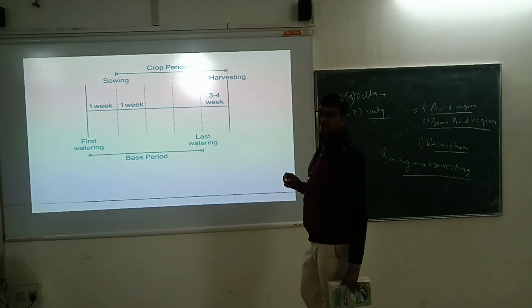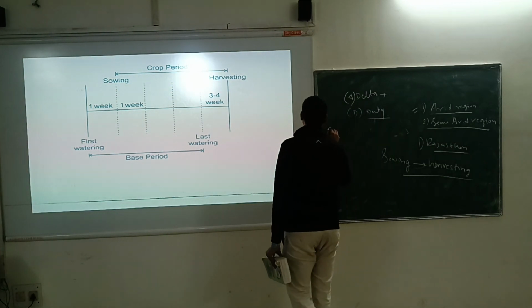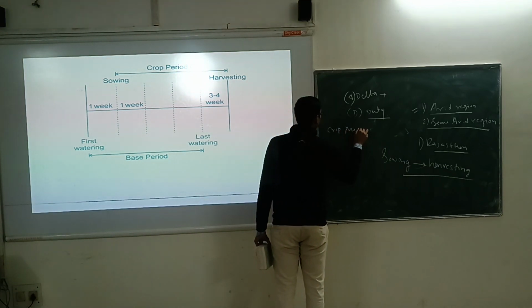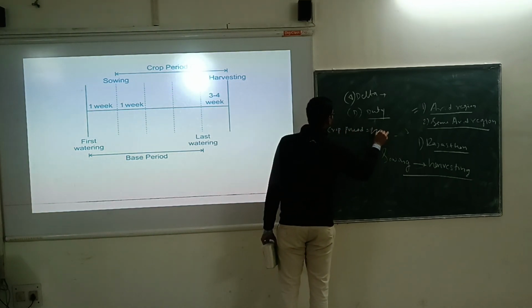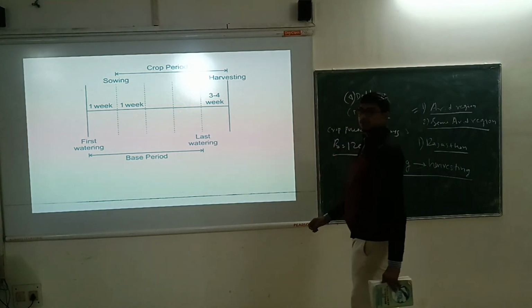Crop period is given, 120 days, so B is equal to 120.